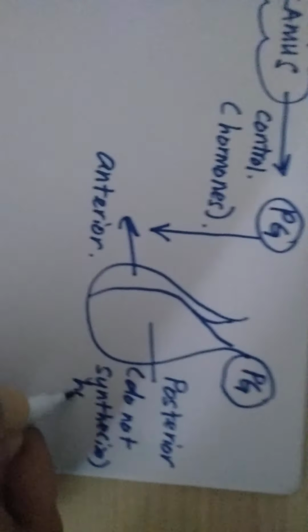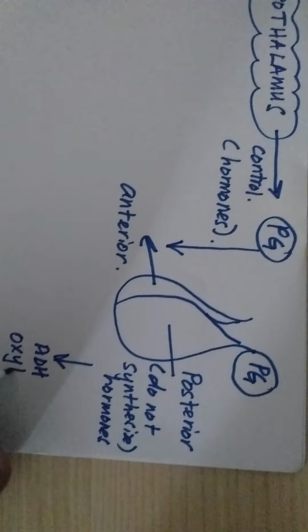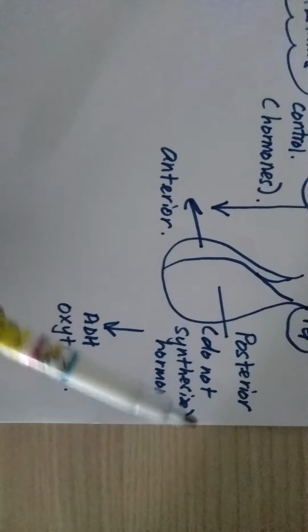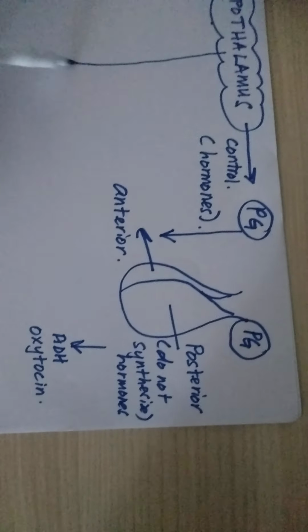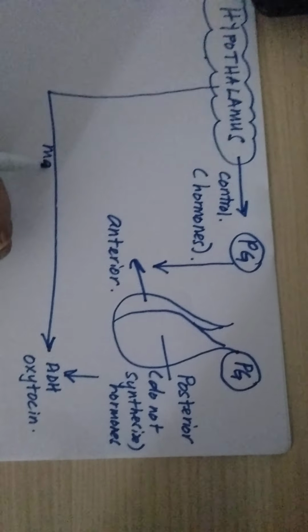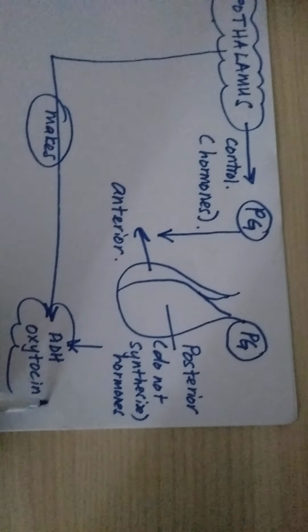It just releases two hormones, which are ADH and oxytocin. Now who makes these hormones? The hypothalamus makes the hormones and passes them to the posterior part to be stored. So it is the hypothalamus that makes these hormones, and then they are stored in the posterior part.